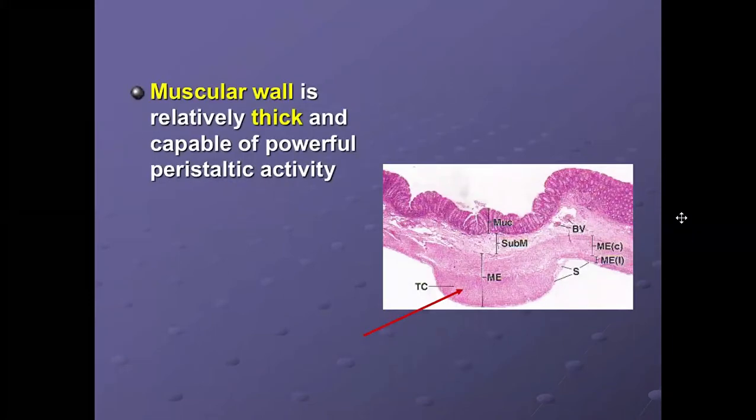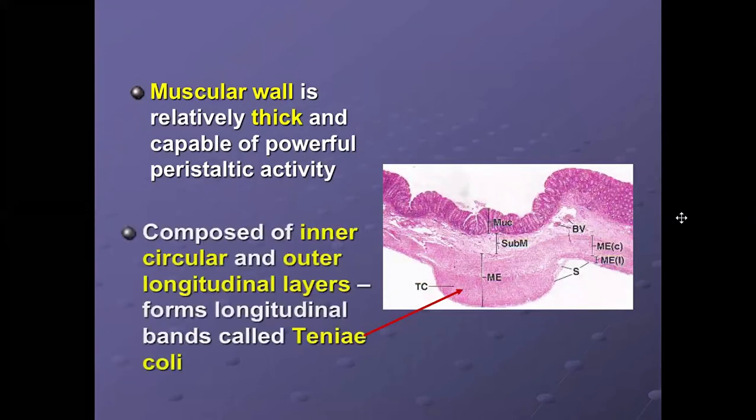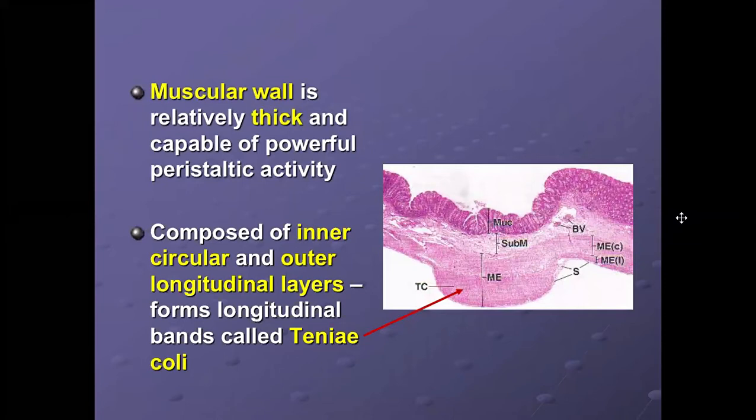The muscular wall is relatively thick and capable of powerful peristaltic activity, composed of inner circular and outer longitudinal layers. The outer longitudinal layer forms longitudinal bands called tinea coli.